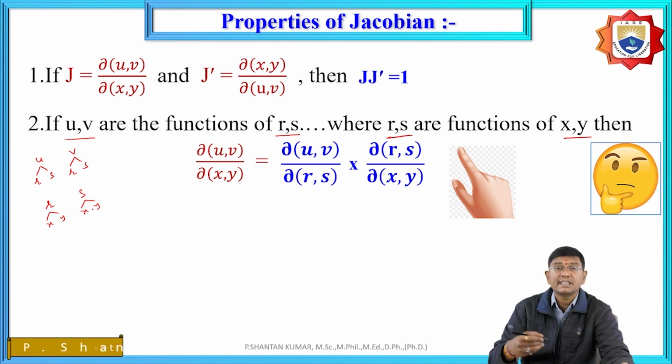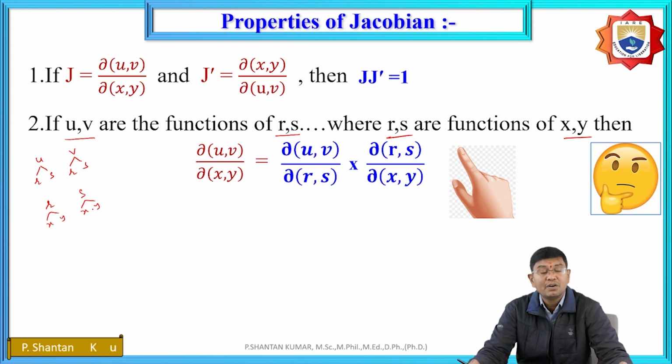With the help of this, the condition is satisfied for ∂(u,v) by ∂(x,y). This is indirectly a composite function, which we need to assume.